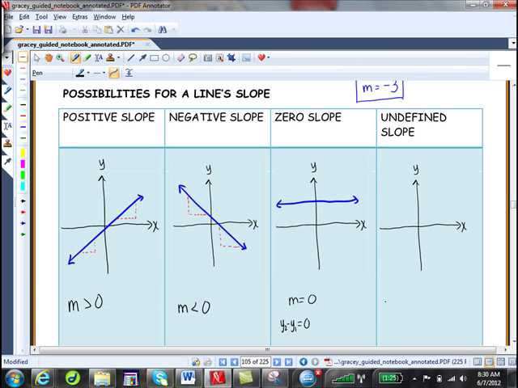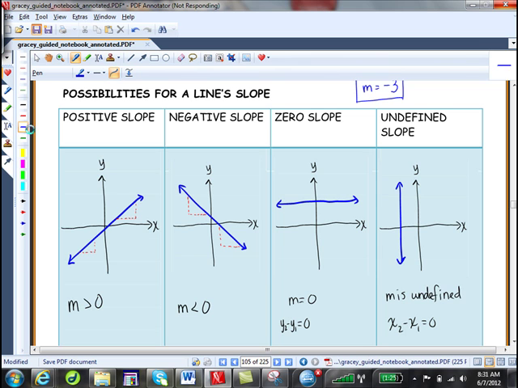Now an undefined slope happens when you always have the same x value. That means that x2 minus x1 is 0, which would make the denominator 0. So vertical lines have a slope which is undefined. Okay? How are we doing? You hanging in there? All right.